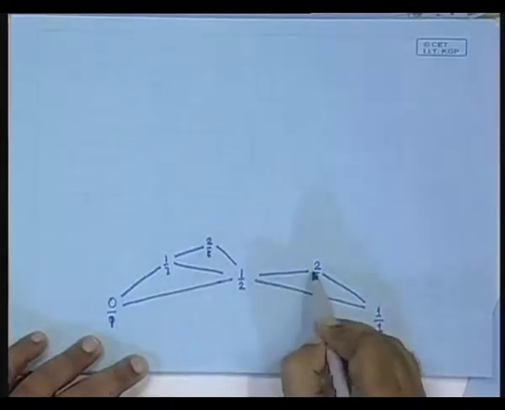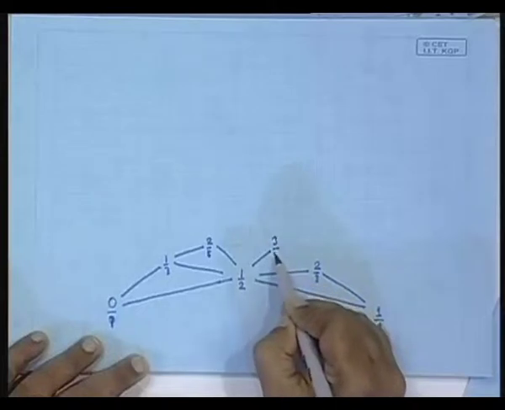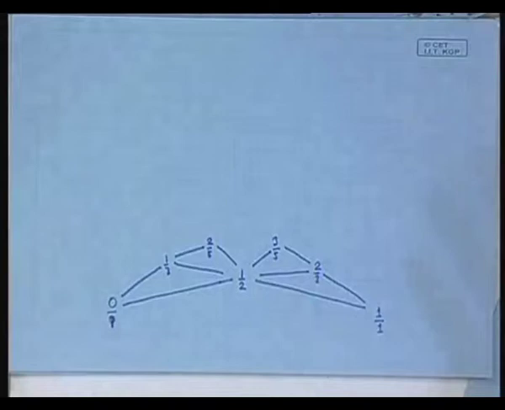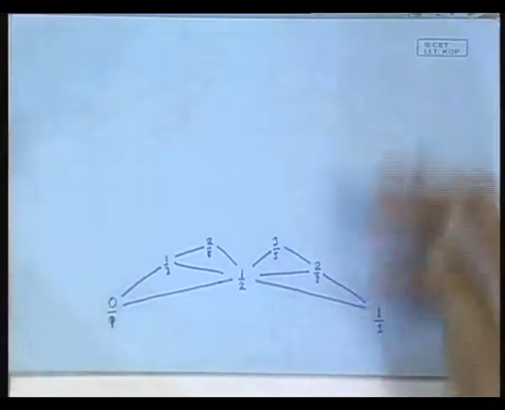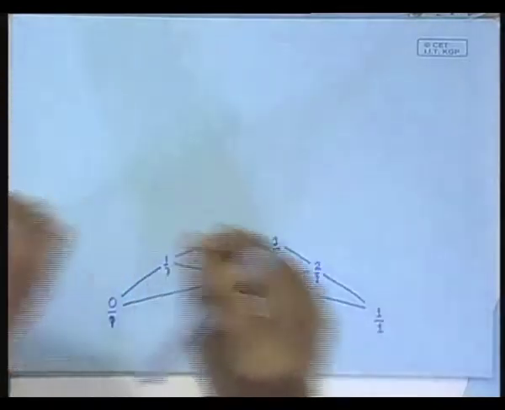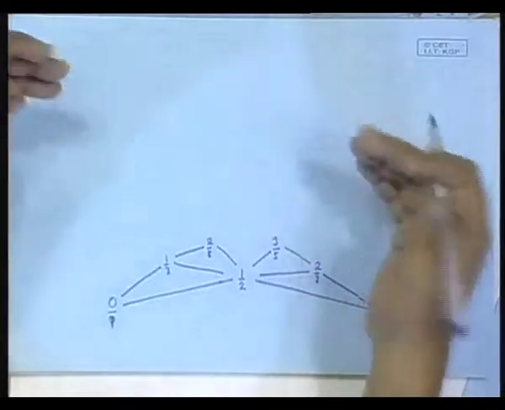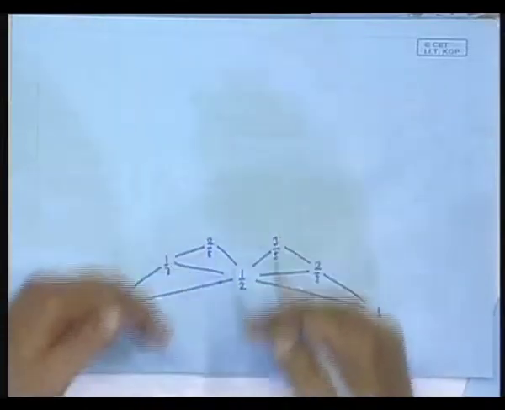In between these two, what ratio do you expect? 3 by 5. In between these two, you can easily construct. Can you see that it goes up? And as it goes up, you have the ratios with a larger denominator, and smaller denominator ranges occur at the base of this tree.